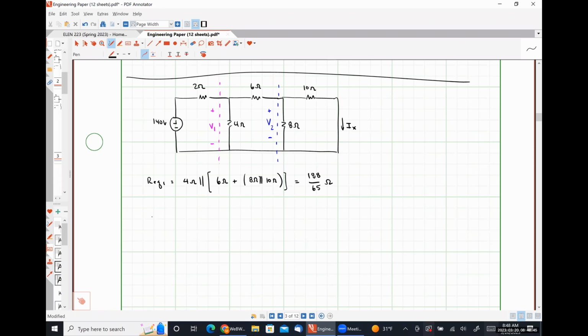So from here, I can say that V1 is 140 volts times that 188 over 65 over 2 plus that 188 over 65.